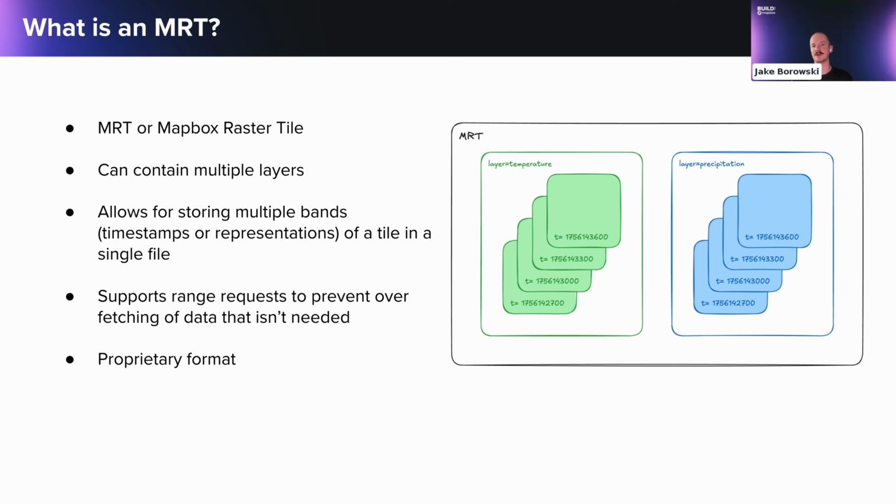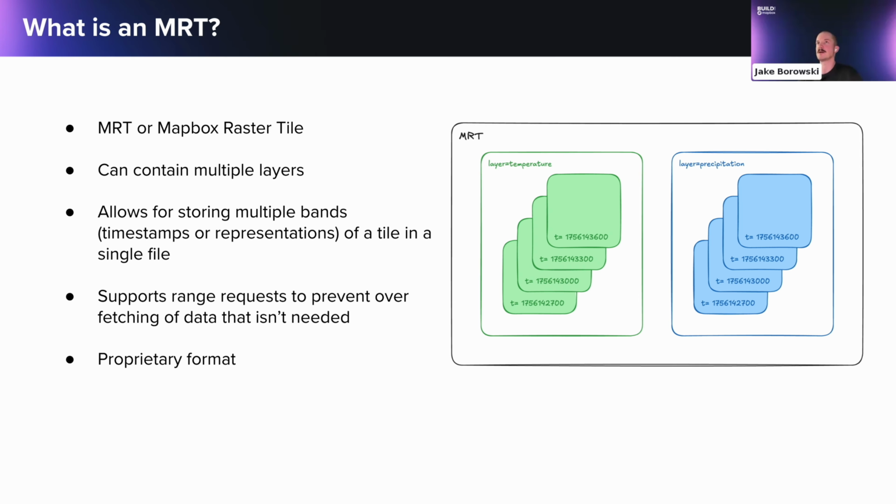So in this case here, I have temperature over 4 different timestamps being stored inside of an MRT. We can do some interesting stuff with MRTs, such as supporting range requests. This allows us to query for just portions of the tile rather than having to fetch the entire tile when we're trying to render this data.